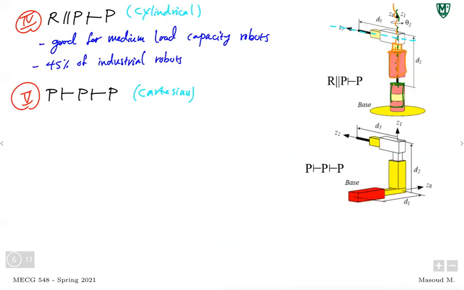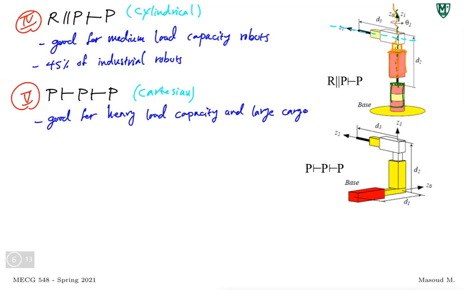So for this one, let's say for heavy loads, right? Good for heavy load capacity and large cargo, large robots. I'll talk about cargo later on. Large robots. I have no idea how come the color changed.